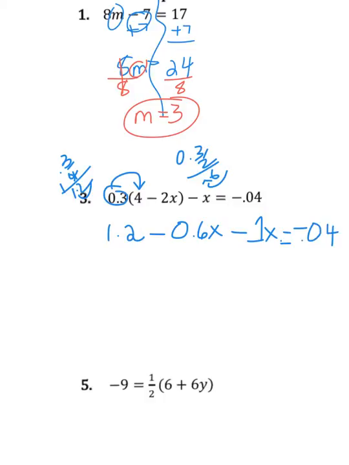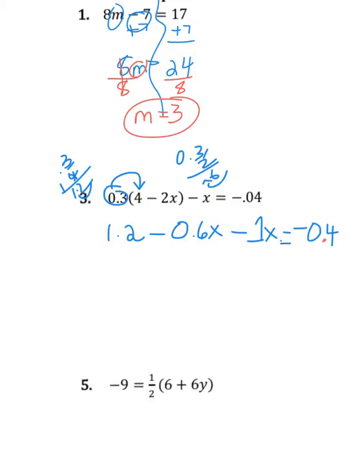Now, I'm pretty sure there was a mistake on the study guide. I think this 4 is supposed to be like that. So I'm going to just erase this little piece right there, and I'm going to make that 0.4.